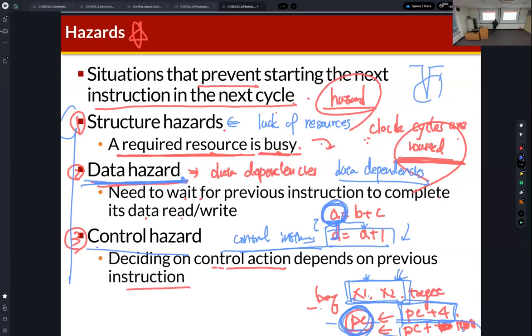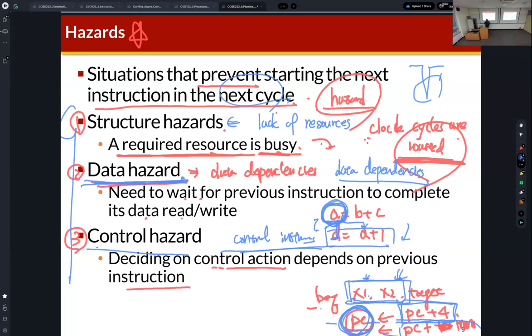Actually, that is in the real world, but in the pipeline architecture, you need to understand the meaning, the definition of the hazard. A hazard is when the instructions cannot be executed in the next cycle, which means that clock cycles are wasted.